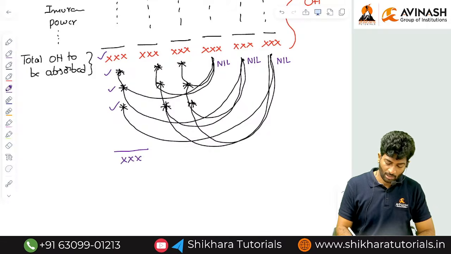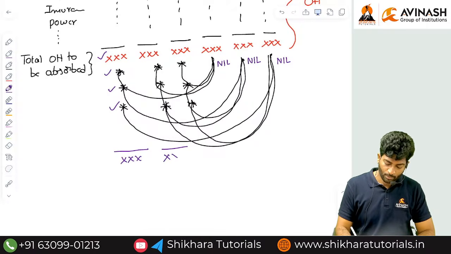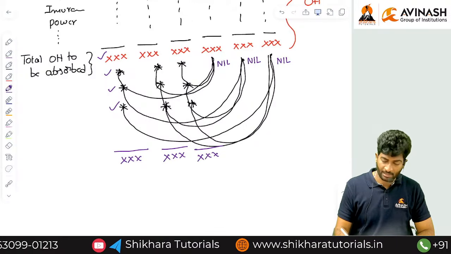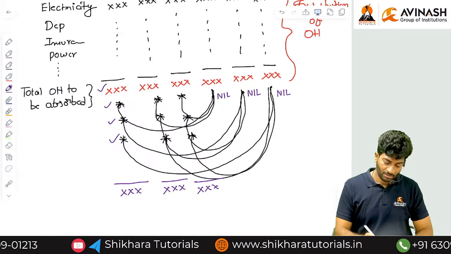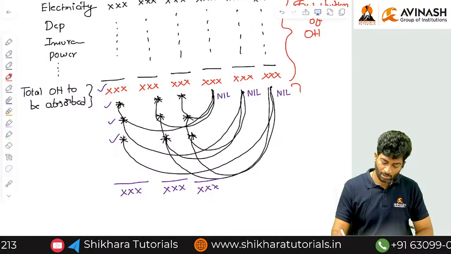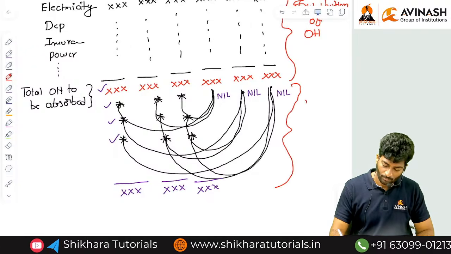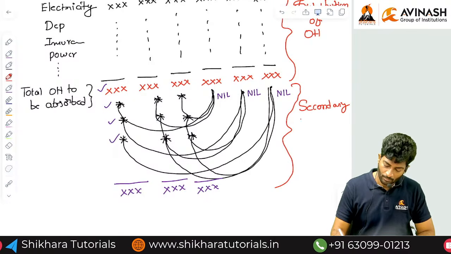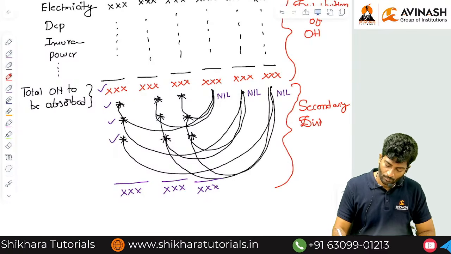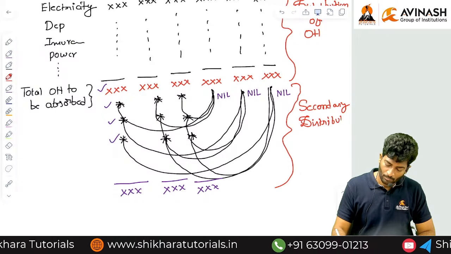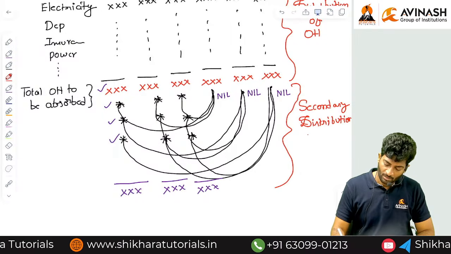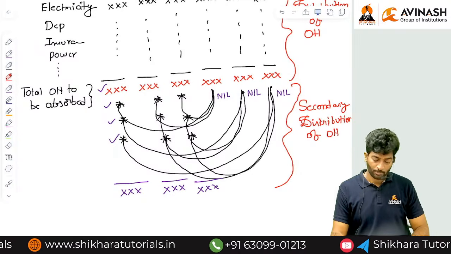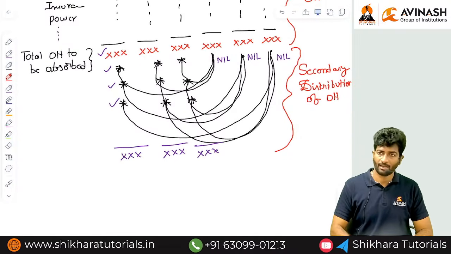This is the total amount of expense to be absorbed by P1, P2, P3. Now, this is known as secondary distribution of overheads. So primary distribution over, now this is secondary distribution.